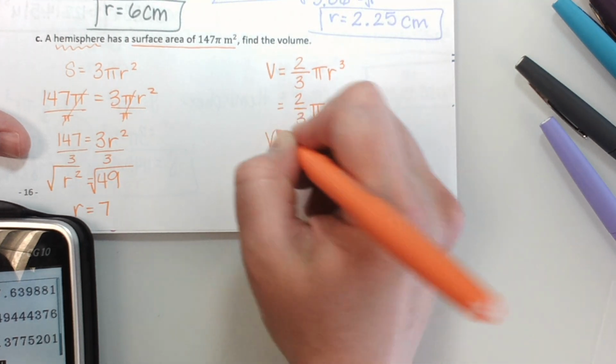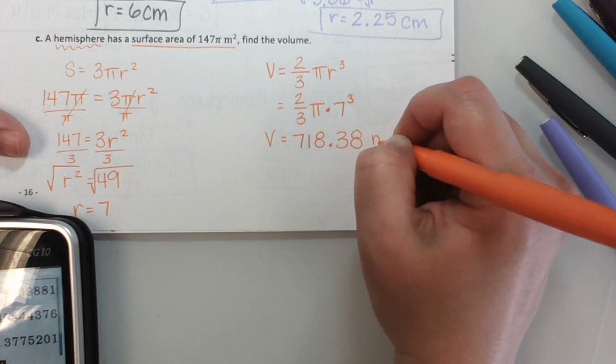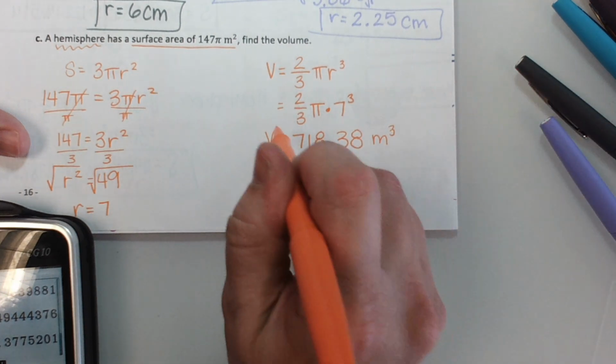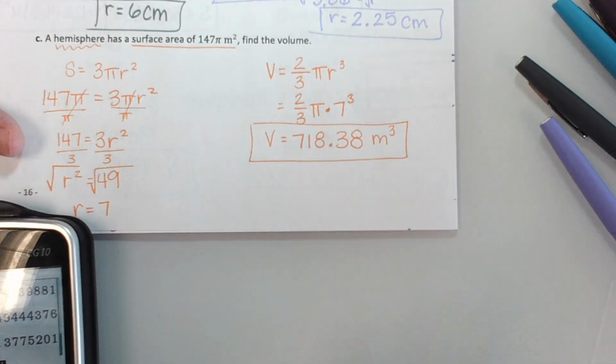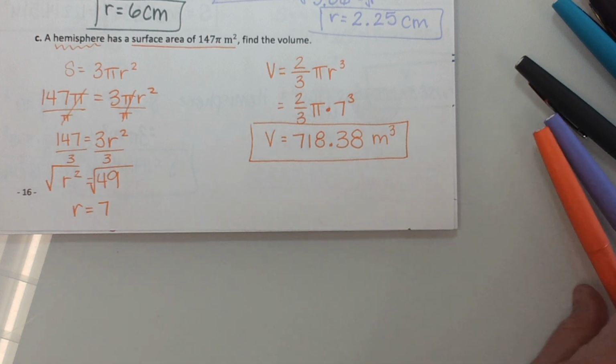Point 38, units. Meters cubed. So, on these ones, when you work backwards, you might have to work backwards just to get the radius, to get you things like diameter or a volume.